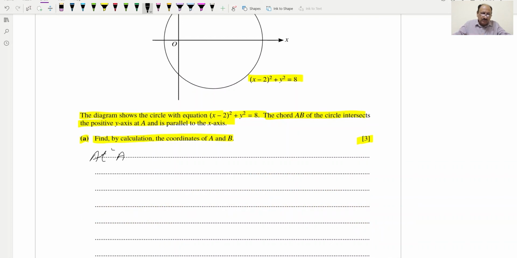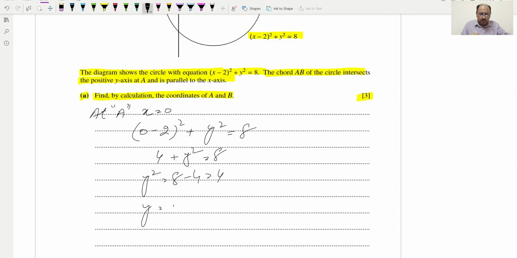So in the equation of the circle we will replace x with 0. So (0 minus 2) squared plus y squared is equal to 8. So it will be 4 plus y squared is equal to 8, and we can write y squared is equal to 8 minus 4, which is equal to 4, and y will be equal to plus minus the square root of 4, which is plus minus 2.